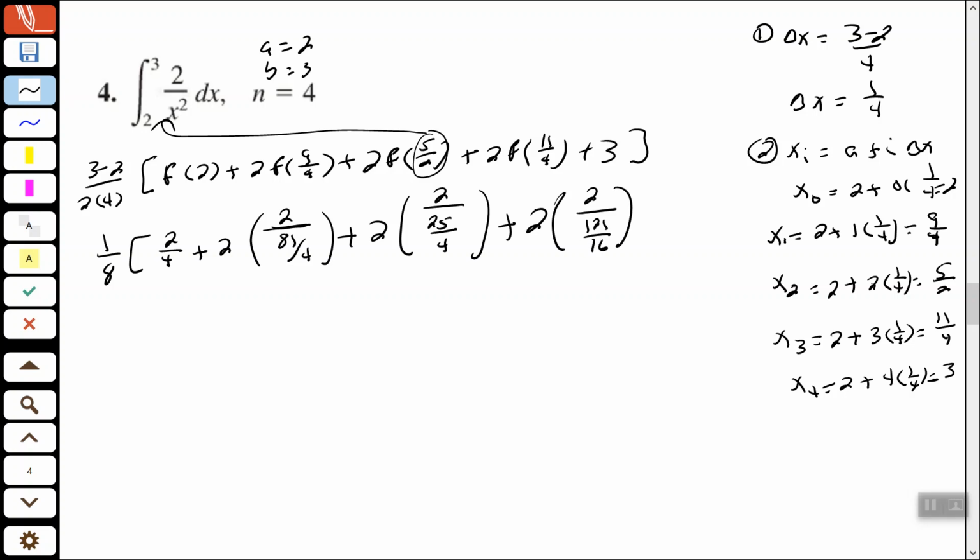And then plus 2 over 3 squared. All right, and then you want to simplify that.